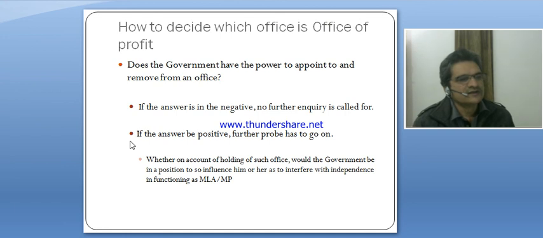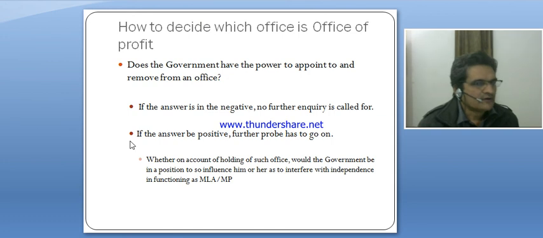Whether on account of holding such office would the government, this is very, very important. In fact, this clarifies a lot of doubts. So if the government is appointing and government is removing, and in that office government would be in a position to influence him or her so as to interfere with independence in functioning as an MLA and MP, then certainly that office happens to be the office of profit.